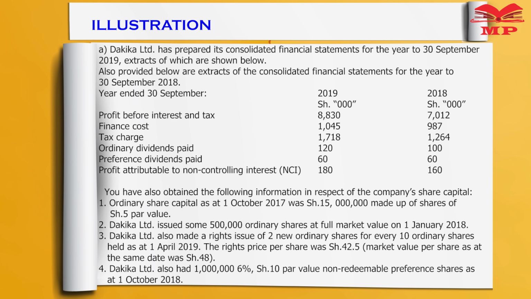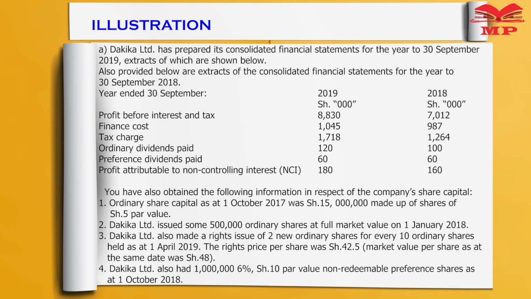And then you're told you have also obtained the following information in respect of the company's share capital. Number one, you're told the ordinary share capital as at 1st of October 2017 was shillings 15 million, made up of shares of shillings 5 par value. Number two, Dakika Limited issued 500,000 shares at full market price on 1st of January 2018.